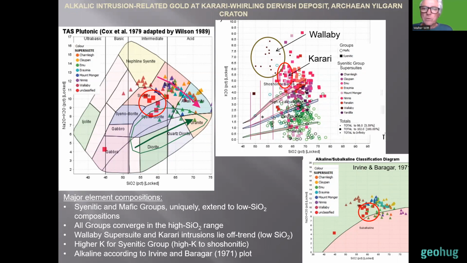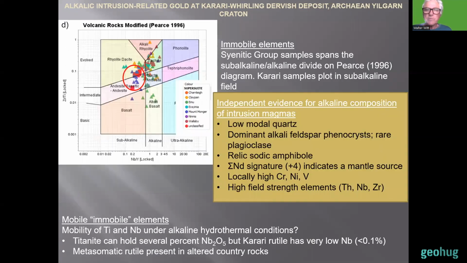But all of these diagrams concern major elements which are potentially mobile in hydrothermal environments. So it's best to check the results in terms of immobile elements. This is a standard classification plot of Pearce 1996, and it shows all of the cyanitic group samples, which straddle the boundary between alkaline and subalkaline compositions.